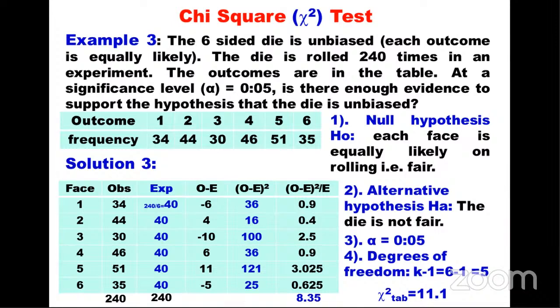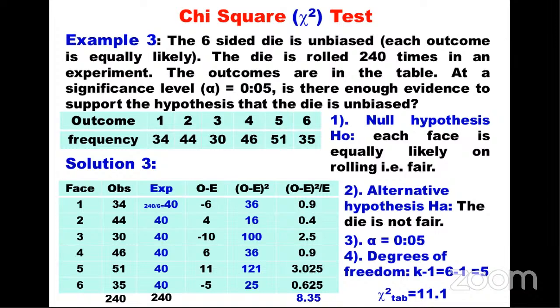Now expected output, that is 240 by 6. How? Total is 240 and there are 6 sides. So each side has a chance to come 40 times, if it is unbiased. One side may be 40 times, second may be 40 times.